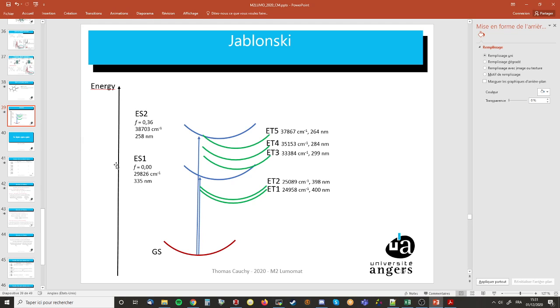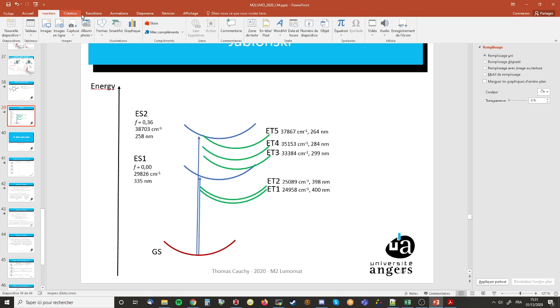To know if you have a relaxation, you need to compute the frequencies.